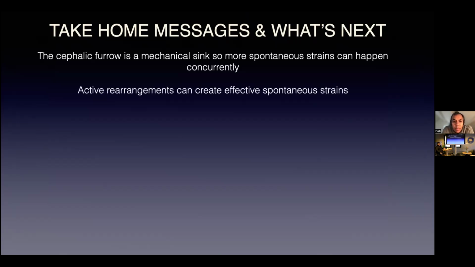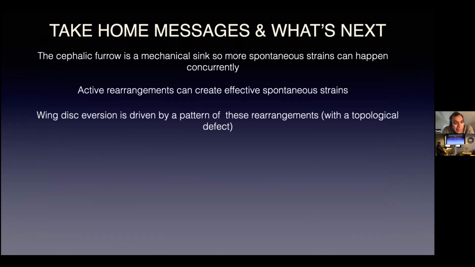Actively driven rearrangements in the cell network can create effective spontaneous strains. It's theoretically possible. And the wing disc conversion is driven by a pattern of exactly these kinds of rearrangements, in a system with a topological defect on top of it, right? So there's the topology of the network and then the topology of the topological defect in the coarse-grained strain field, right? So there's this multiple-level interplay between geometry and topology going on.